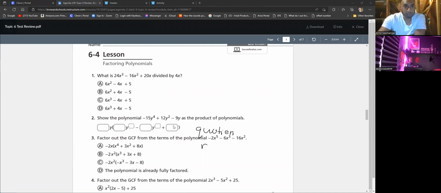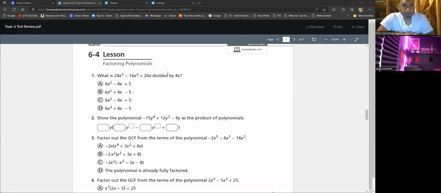Okay, which one are we on? One. What is that divided by 4x? How are we going to do that one? Factoring.